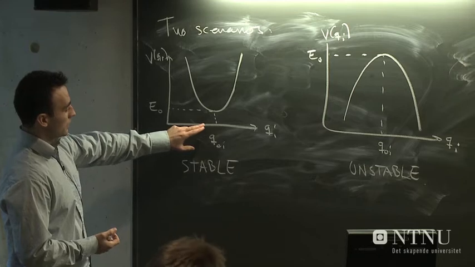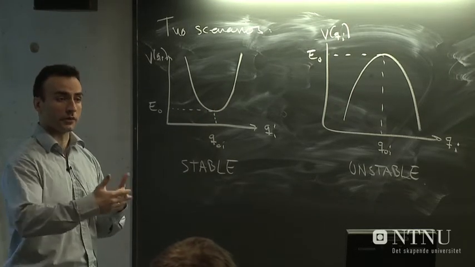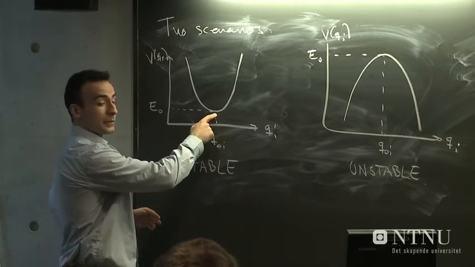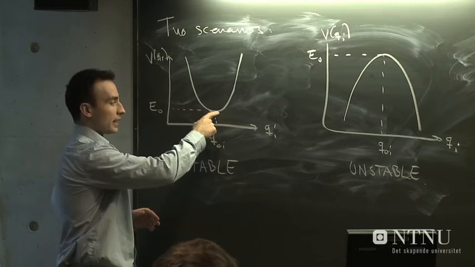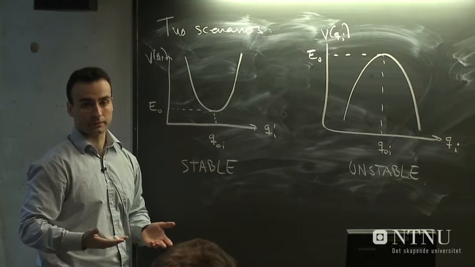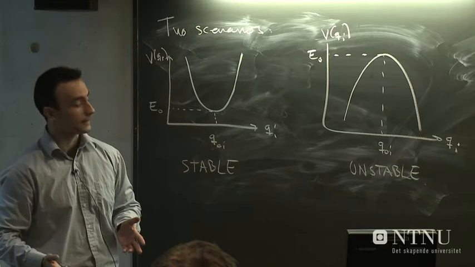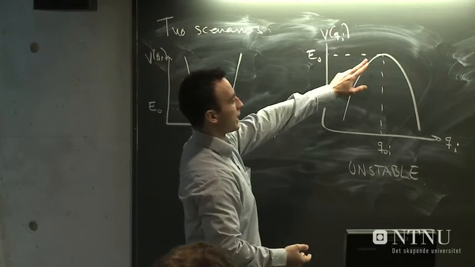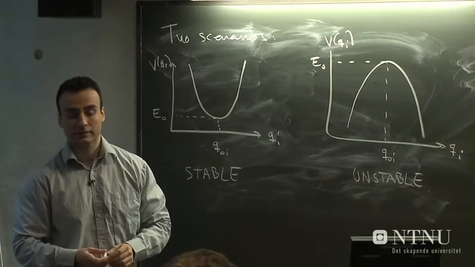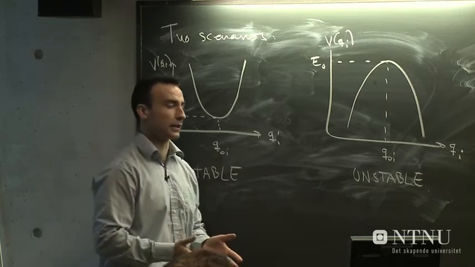If we are positioned in this equilibrium configuration and we perturb the system slightly, so we change the value of qi from this equilibrium value to some slightly perturbed value, we see that the energy increases, the potential energy goes up, which means we're no longer in the ground state. On the other hand, if we do the same thing here, we see that the energy is lowered, right? So this means that we have an unstable equilibrium.